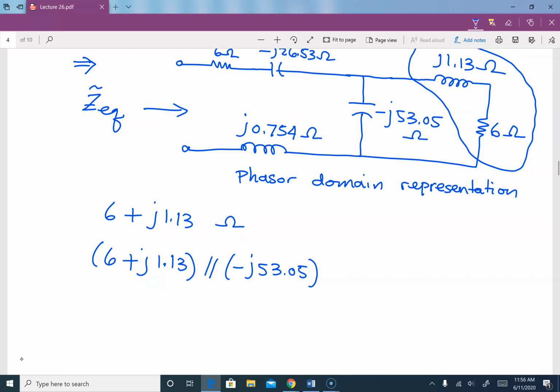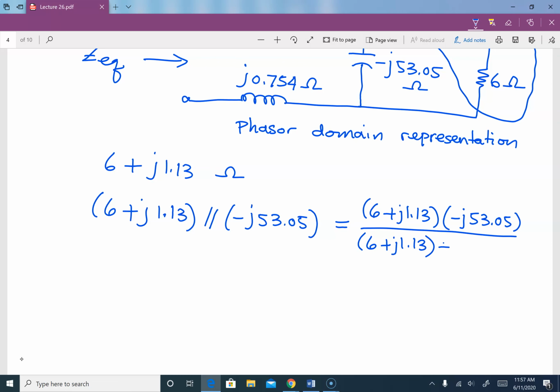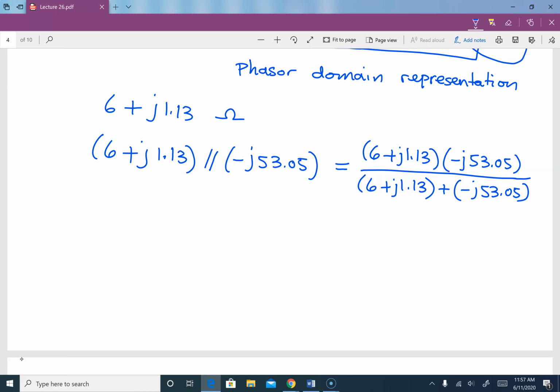So for this case, that is equal to 6 plus J 1.13 times negative J 53.05 divided by the summation 6 plus J 1.13 plus negative J 53.05. So you are doing exactly the same as what we do for the equivalent resistance when we have parallel resistors.